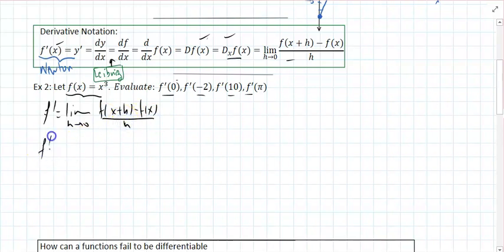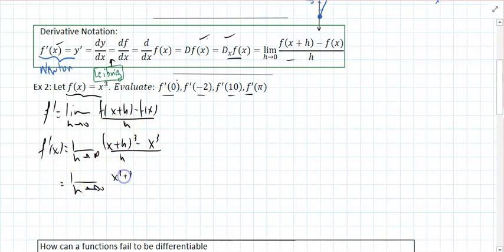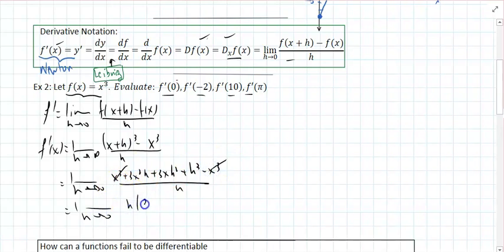So the derivative evaluated at x would be the limit as h approaches 0 of x plus h cubed minus f of x, which is x cubed, over h. That is the limit as h approaches 0 of x cubed plus 3x squared h plus 3x h squared plus h cubed minus x cubed all over h. Those cancel out. I'll factor an h out.